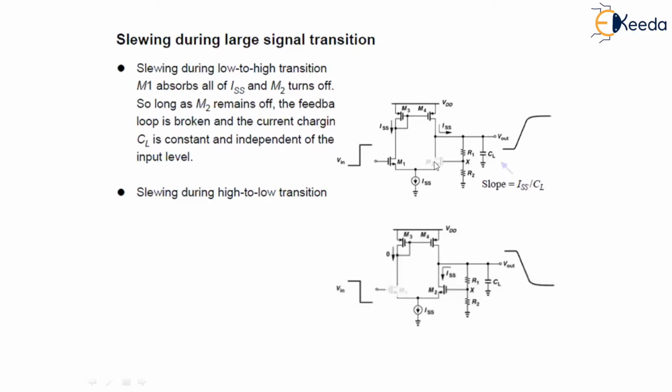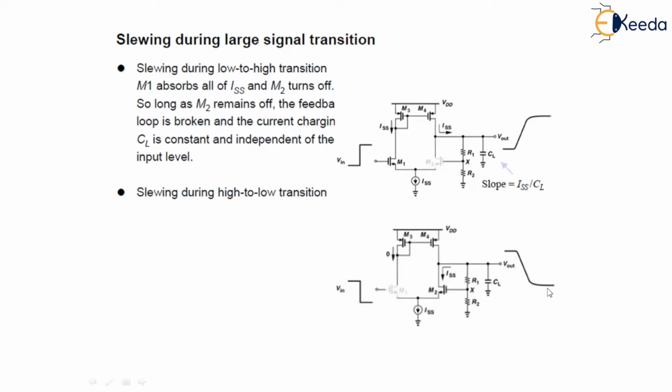So long as M2 remains off, the feedback loop is broken, and the current charging CL is constant and independent of the input level. And if the input drops such that M1 turns off, then the circuit is simplified as shown in this figure, and now we get Vout like this.